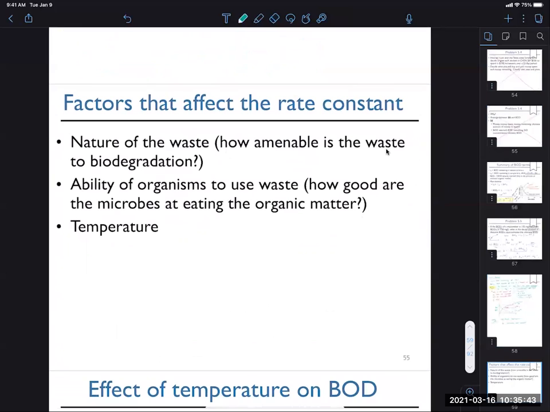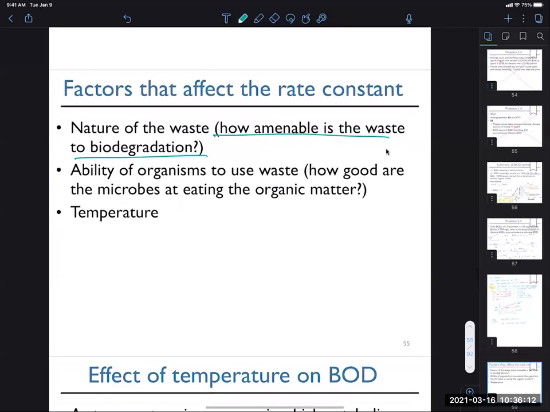But the basic idea is you guys have all had some sort of high school biology, and it's important to recognize that the microorganisms are using this BOD as a source of carbon. They're using it for food. And so several factors are going to affect how quickly they can do that. First is the nature of the waste itself. How amenable is the waste to biodegradation?